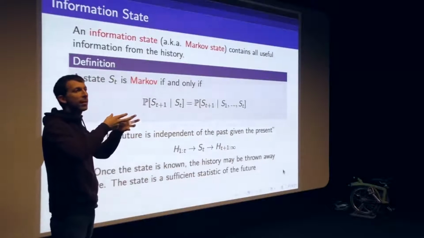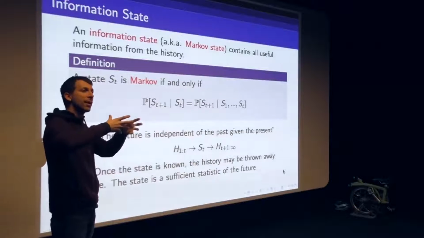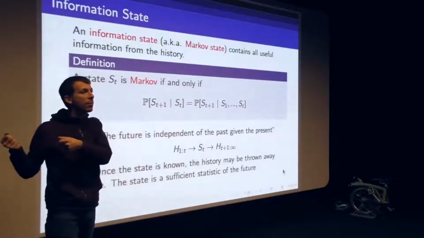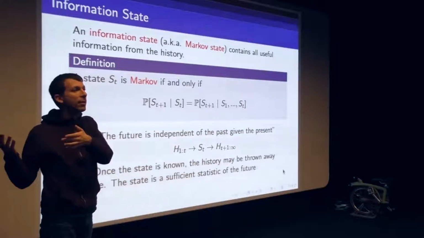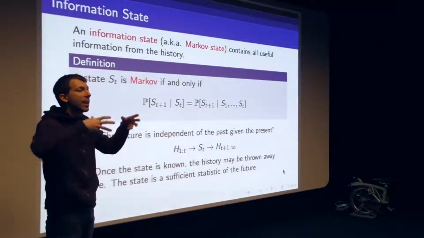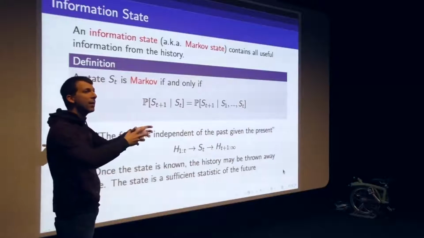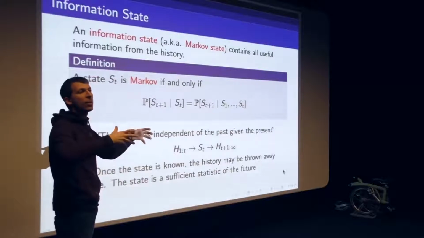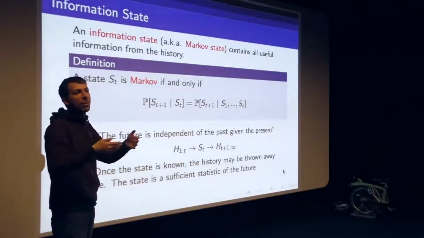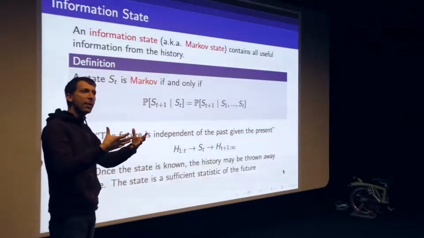Once you know all of those things, and maybe you need to know the wind direction and things like that as well, it doesn't matter what the position of the helicopter was 10 minutes ago. That doesn't make any difference to where the helicopter will be at the next moment. All that matters is where it is now, and the wind direction, and that will fully determine what will happen to the helicopter at the next moment. You don't need to remember this detailed history of its previous trajectory, because it's irrelevant.